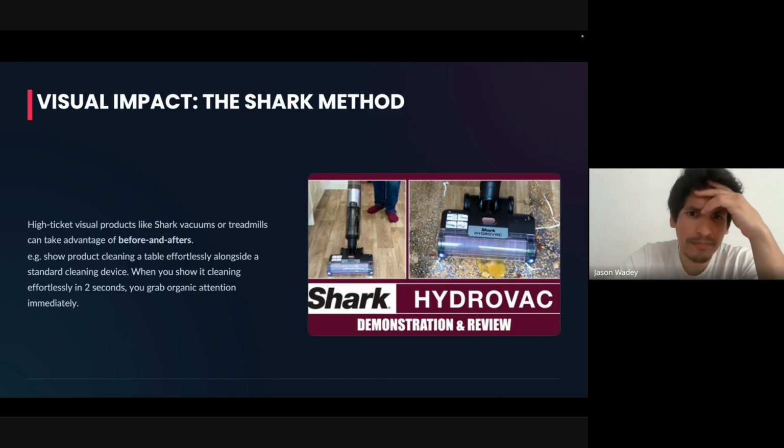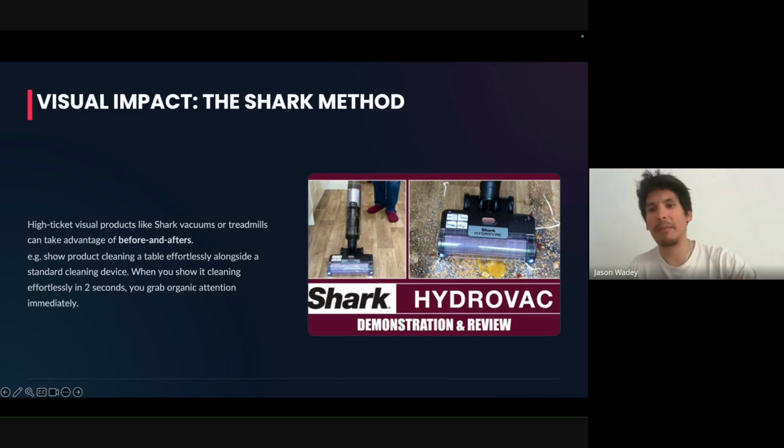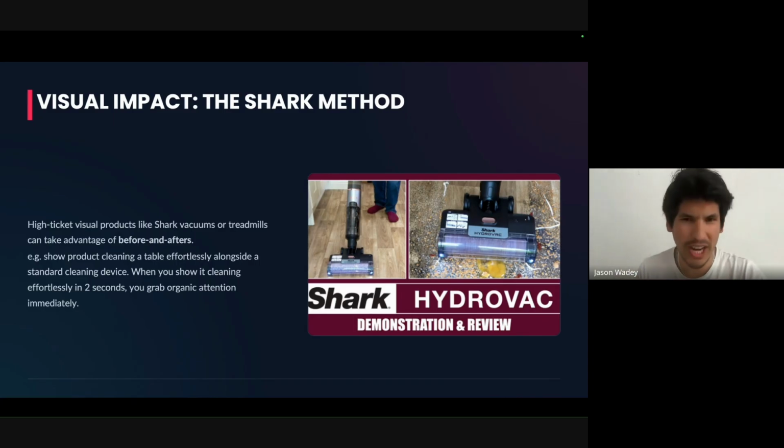Having said that, I think this is a very good example of a brand for those of you doing high ticket products to look at in a bit more depth. I would say Shark is setting more of the blueprint for higher ticket products. Since they started, I'm seeing other items like treadmills, TVs, high ticket items. So it certainly can be done.